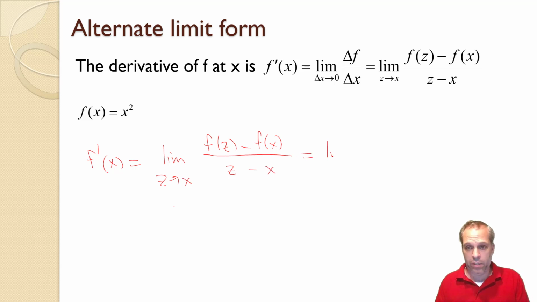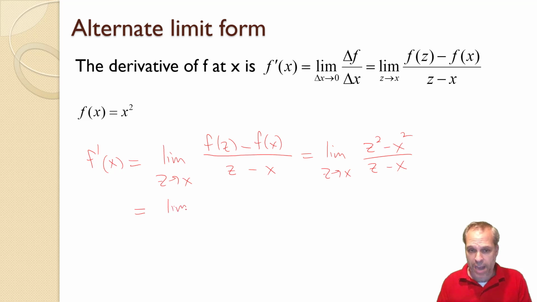That is the limit as z approaches x of z squared minus x squared divided by z minus x. But notice, you could then factor the numerator and cancel a common factor to get z plus x.